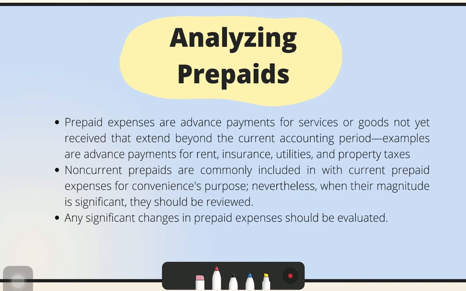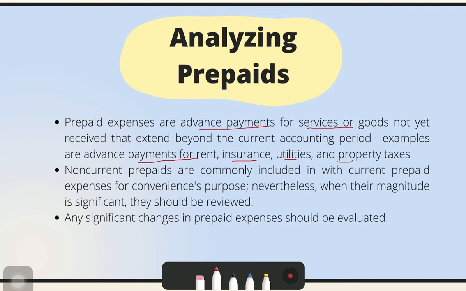Okay, next, analyzing prepaids. Prepaid expenses are advance payments for services or goods not yet received that extend beyond the current accounting period. Examples are advance payments for rent, insurance, utilities, and property taxes. When managing a business, you have to pay for some assets in advance, such as rent and insurance.